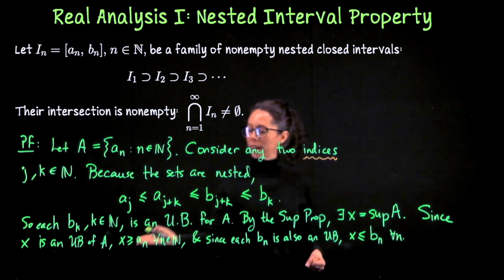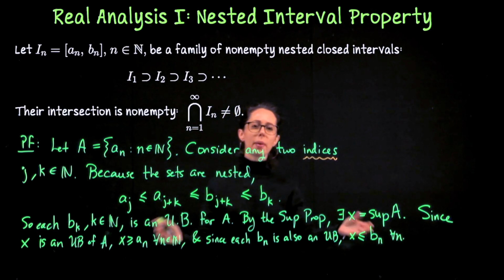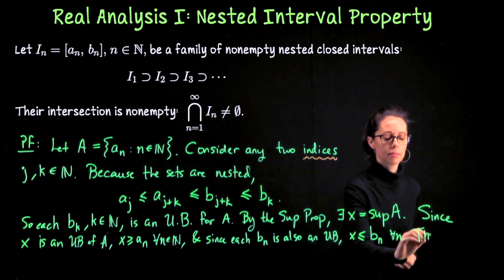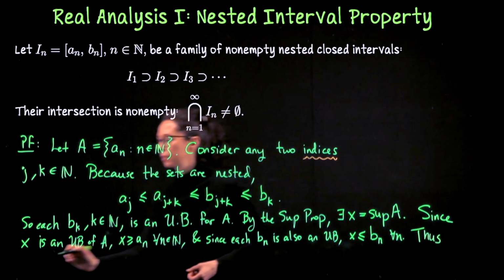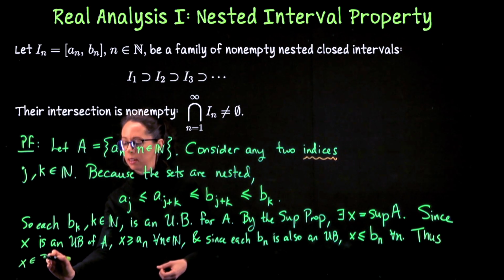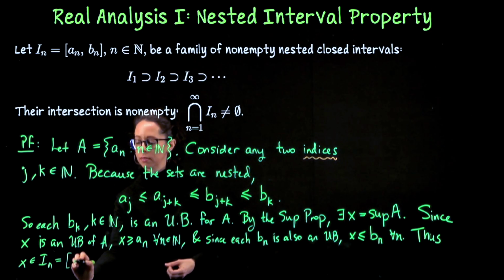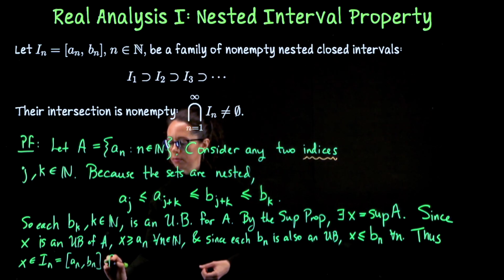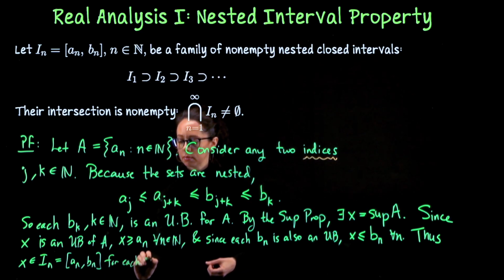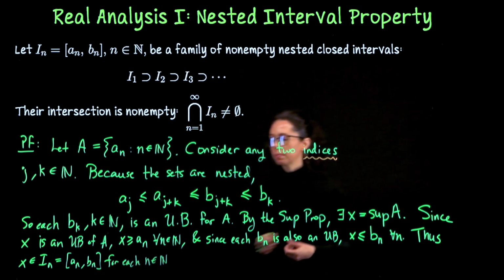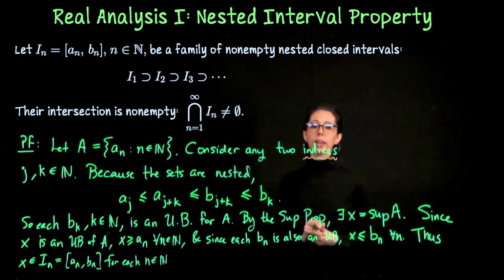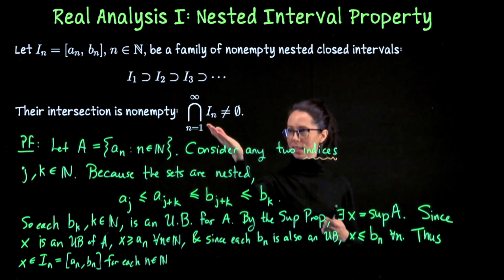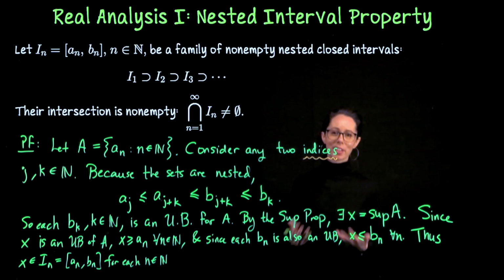So x is greater than or equal to A sub n, less than or equal to B sub n. That means for each of these intervals, we can put x inside. Thus, x is in I sub n for each index n. Being in each set puts you in the intersection. So since x is in each one of these, it survives the intersection, so the intersection is non-empty.